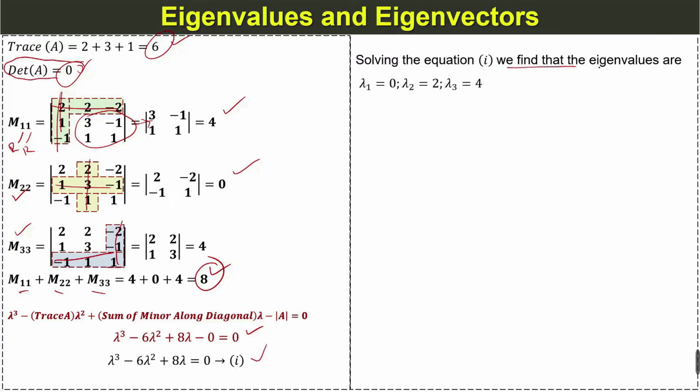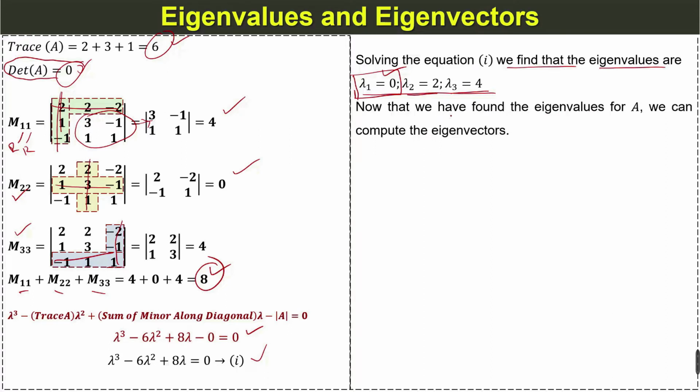We find that the eigenvalues are lambda 1 equal to 0, lambda 2 equal to 2, and lambda 3 equal to 4. So here we can see a 0 eigenvalue. Now we find the eigenvectors corresponding to each eigenvalue. Now that we have found the eigenvalues of the matrix A, we can compute the eigenvectors.